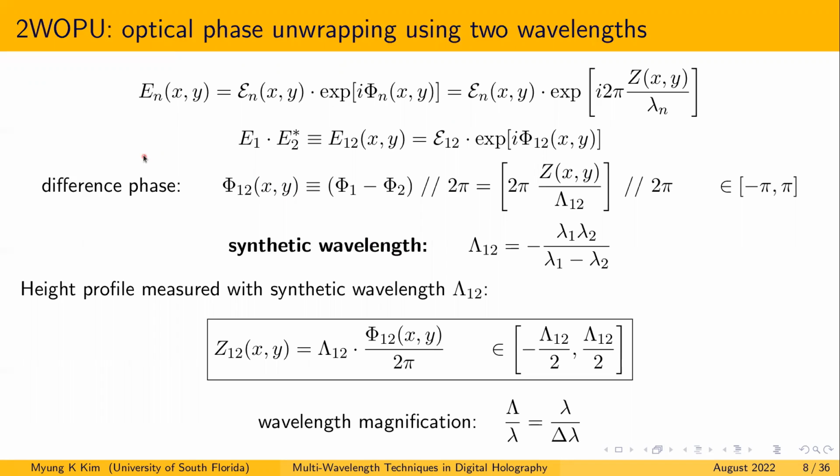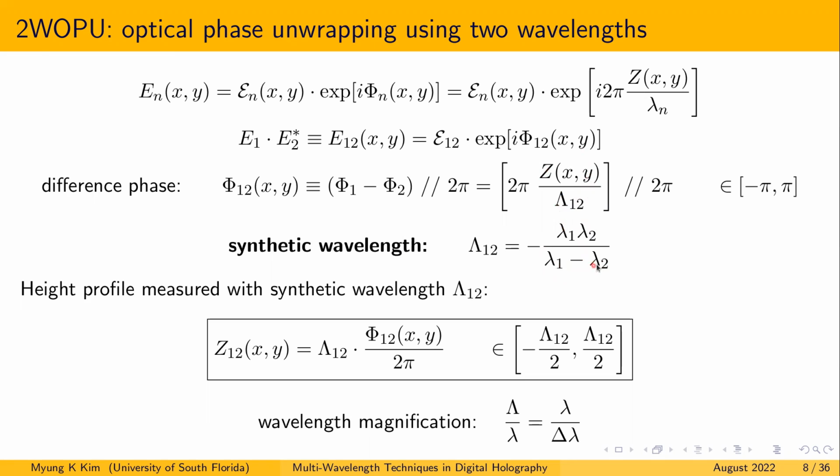So we start with optical phase unwrapping using two wavelengths. Suppose we take two holograms using two wavelengths, λ1 and λ2, and combine the two reconstructed fields, E1 and E2, as E1 times E2 conjugate. Then the difference phase, φ12, is 2π times the height profile divided by a synthetic wavelength λ12, which is given by λ1 λ2 over λ1 minus λ2.